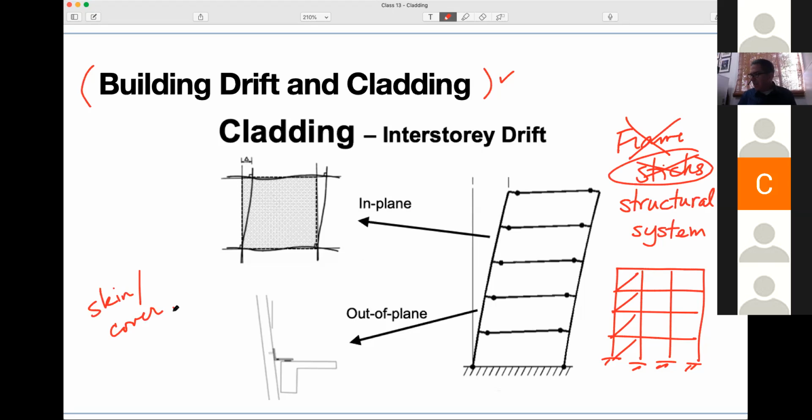Now, again, you might be able to see the structure, parts of it, maybe quite a bit of it. But this cover, the skin, has to be held by the structure.